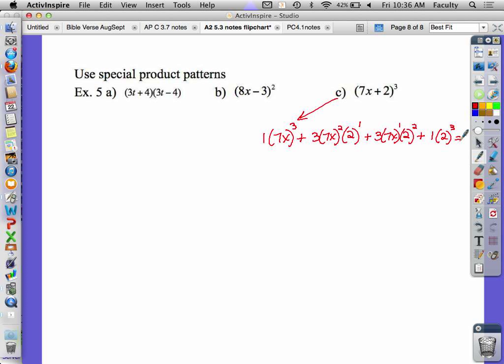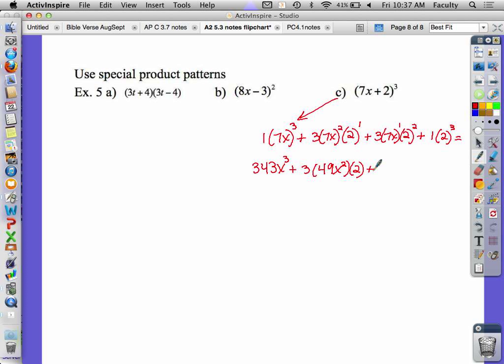Alright, I do not expect you to know 7 cubed in your head. You may use your calculator for that. So 343x cubed plus, now this is going to require a little bit more work than the other two that I did with you, because I need to figure out 7x being squared is 49x squared.